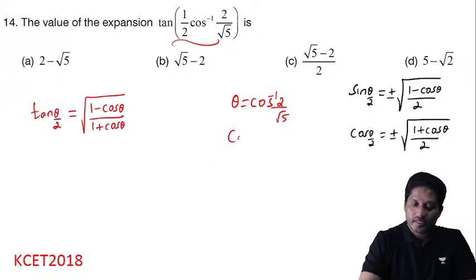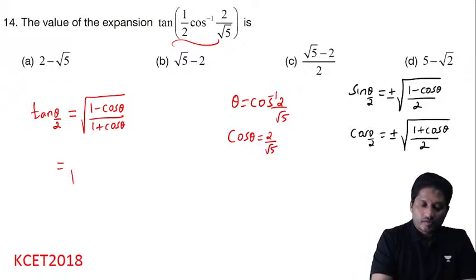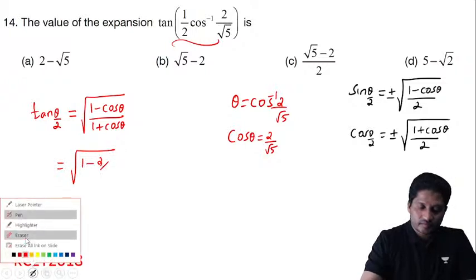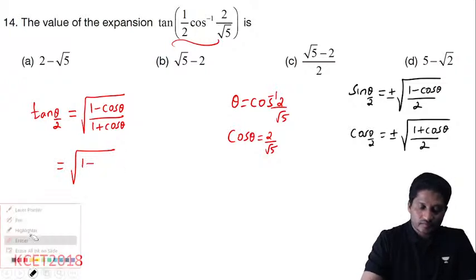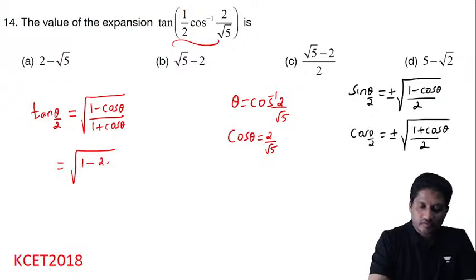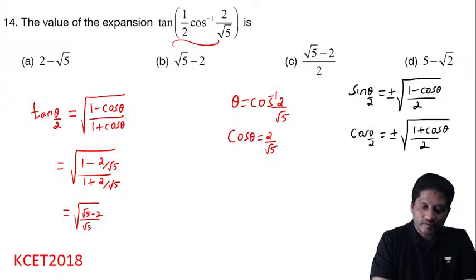From this I can write cos theta is equal to 2 by root 5. Root of (1 minus 2 by root 5) divided by (1 plus 2 by root 5). Take LCM root 5, it will get cancelled. You will get root 5 minus 2 upon root 5 plus 2.